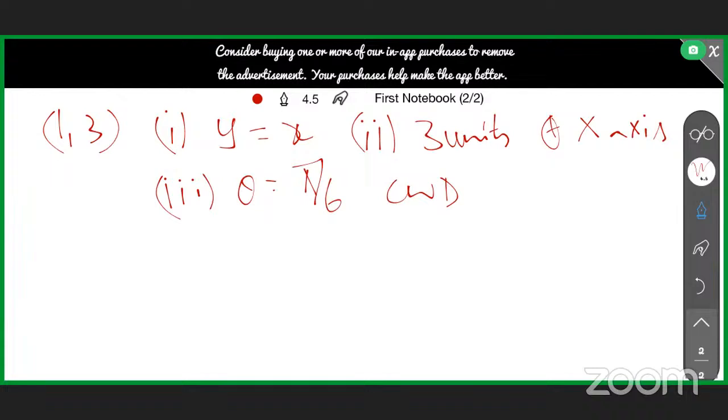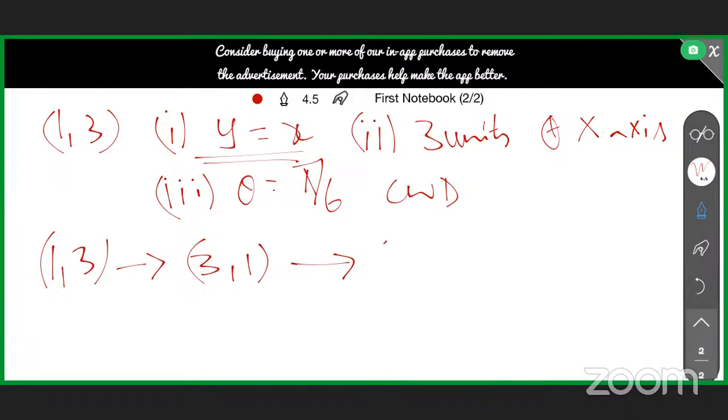So first thing is it is getting reflected in the line y equals x. That means 1 comma 3 will become how much? 3 comma 1. So first transformation done. Second transformation, translation happening 3 units along the positive direction.